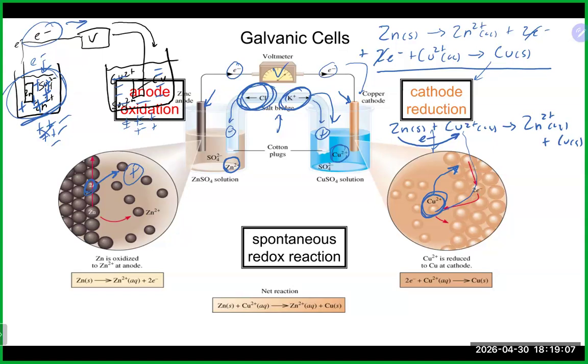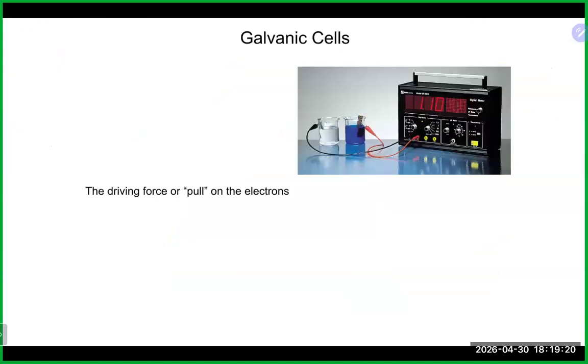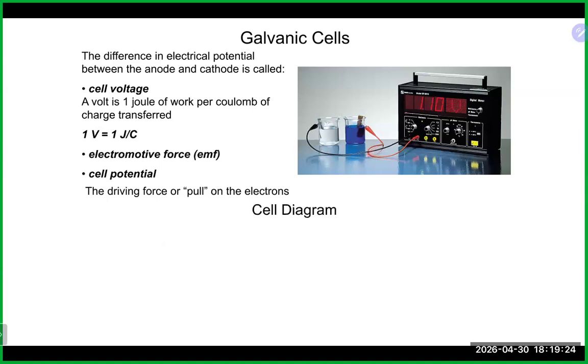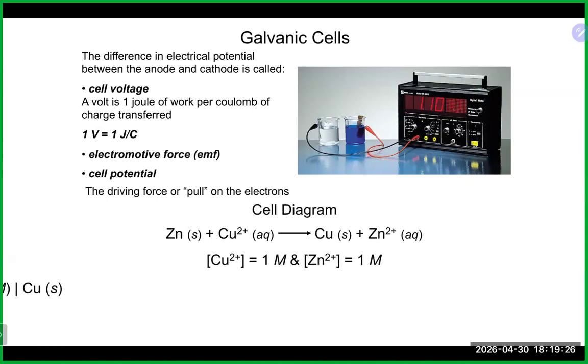All right, so those are the major components of a galvanic cell. Those electrons can go out and do some type of work, like positive voltage is good, right? Kind of like in a battery, you get positive voltage there, things operate. Now, in a galvanic cell, the difference in electrical potential between the anode and the cathode is sometimes referred to as the cell voltage.